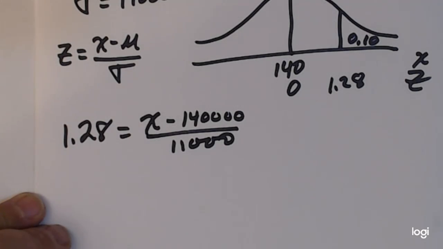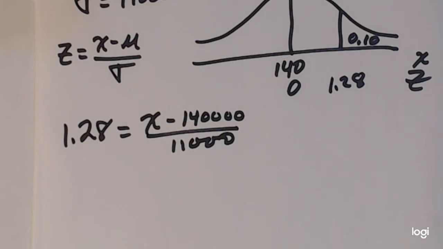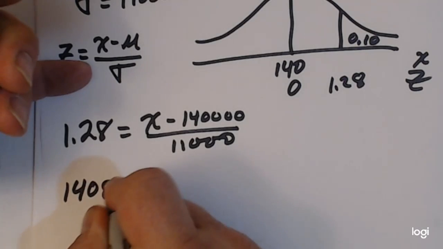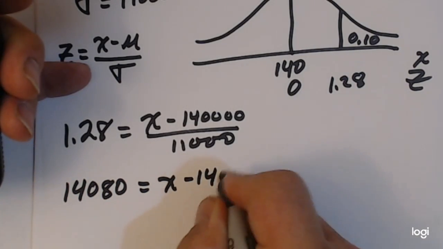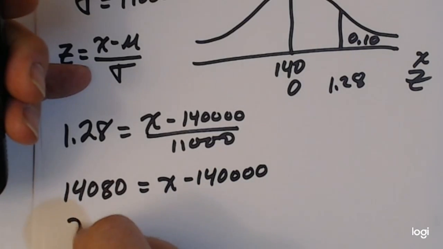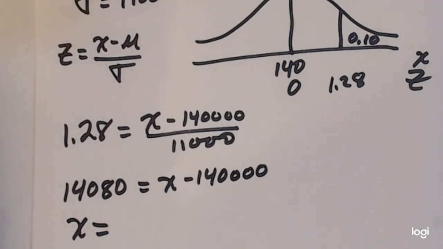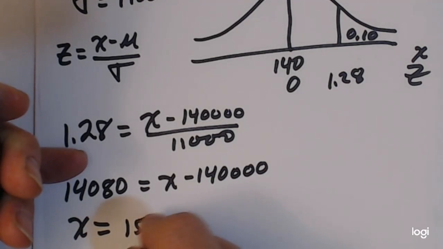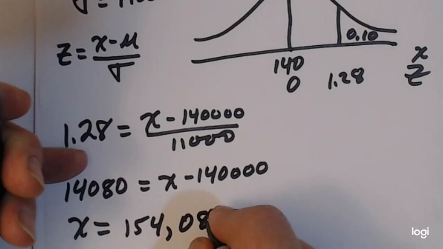So, let's see. I need a calculator. 11,000 times 1.28 is 14,080. X minus 140,000. We add 140,000 to each side, and we get X is equal to 154,080.